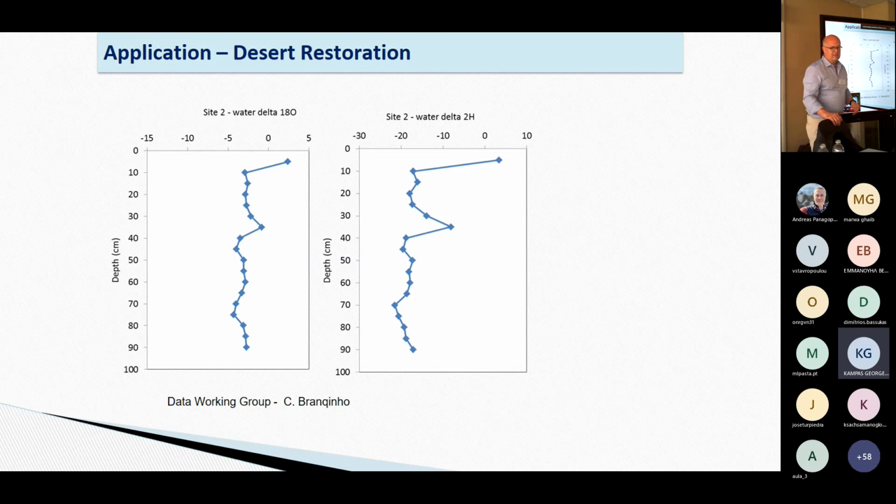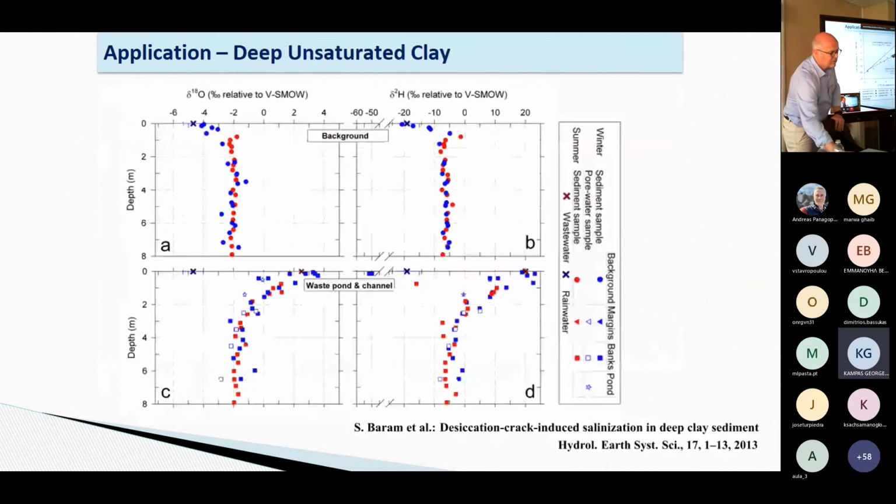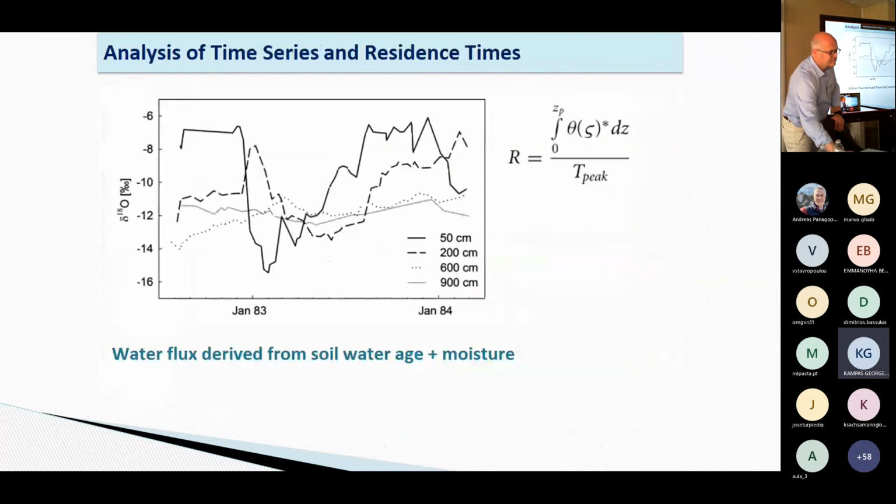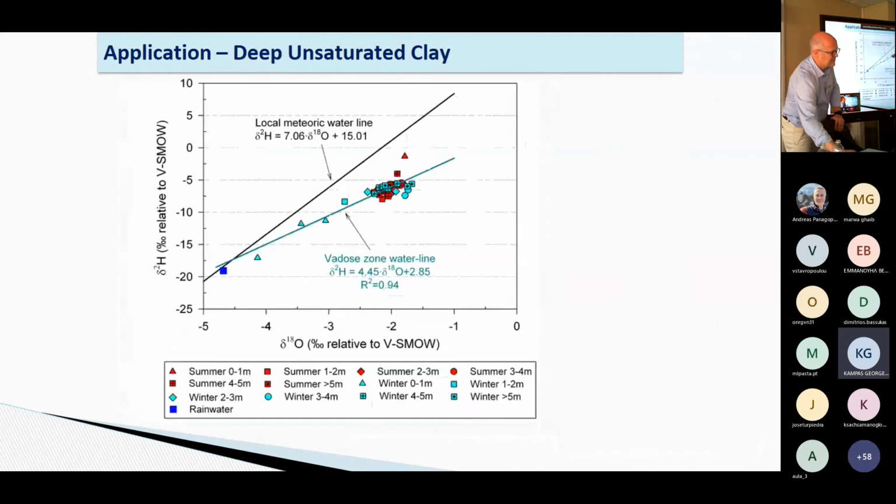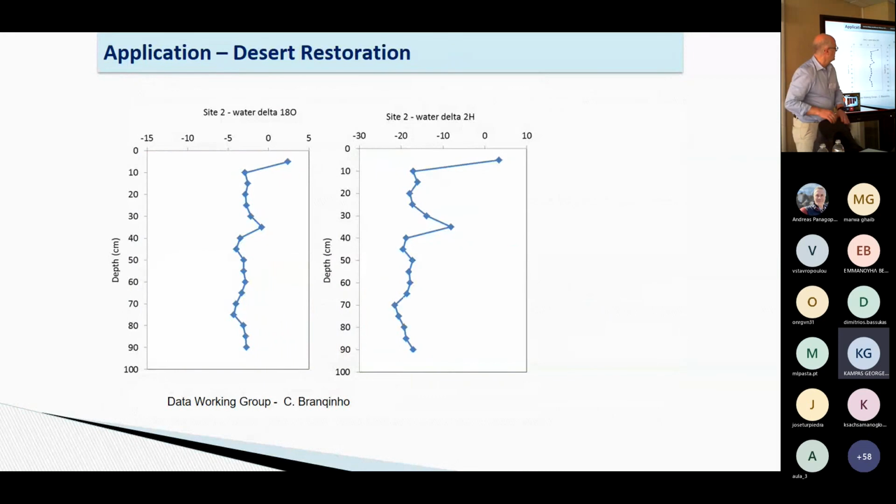And we accumulate the moisture above the peak according to this formula. This is the integral of the moisture down to a certain depth at which we know the peak is, and we divide by the time to the peak, the time that has passed since the peak. So here we accumulate the moisture above that peak.